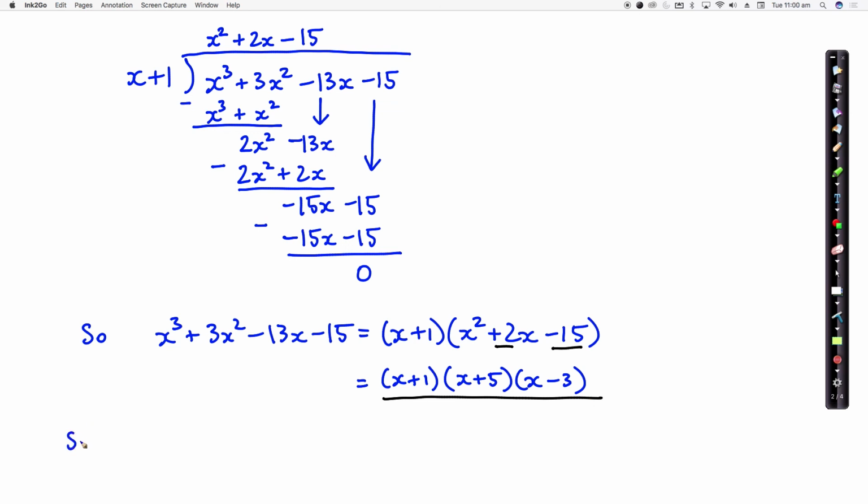So the solutions are x equals minus 1, which we had from the beginning, and now minus 5 and 3. And there are the three solutions of the cubic equation.